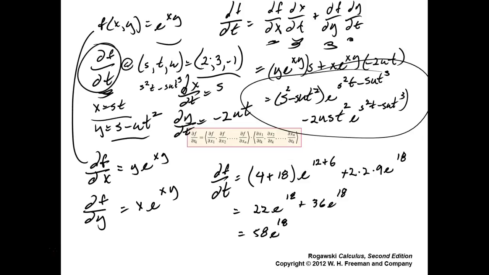Okay. I think I just made a mistake here. I just don't see it. ST is 6. I see that, and S minus UT would be 2 plus 9 is 11. Why doesn't it work doing it the other way?